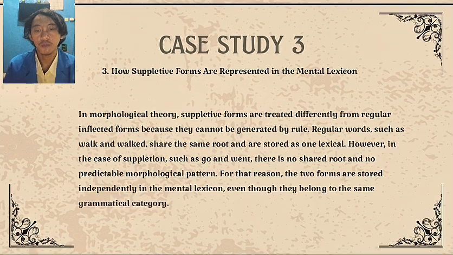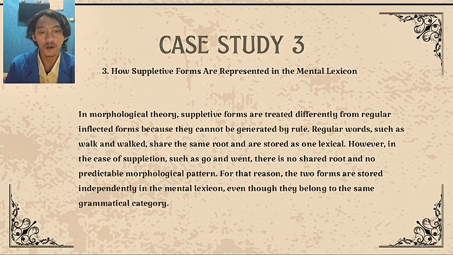The third, how suppletive forms are represented in the mental lexicon. In morphological theory, suppletive forms are treated differently from regular inflected forms because they cannot be generated by rule.